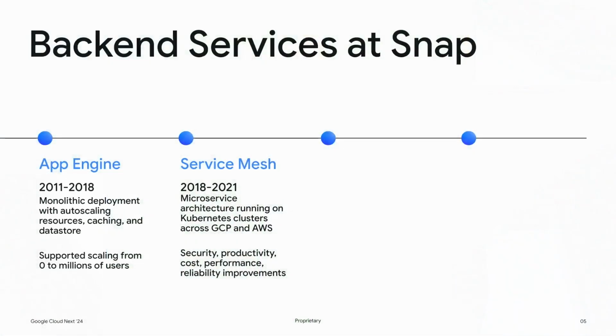And we also started facing similar limitations related to scalability, developer velocity, etc. At the same time, Snap made a strategic decision to go multi-cloud. Hence, we wanted to build an abstraction platform that would work on multiple clouds. And this led us to think about service mesh, and we chose Kubernetes to build our service mesh on.